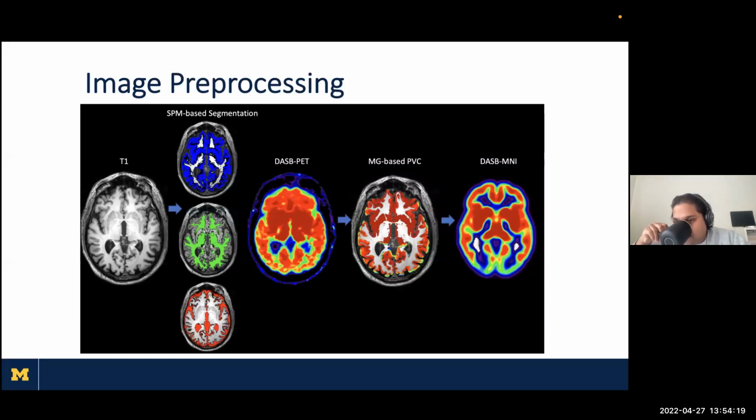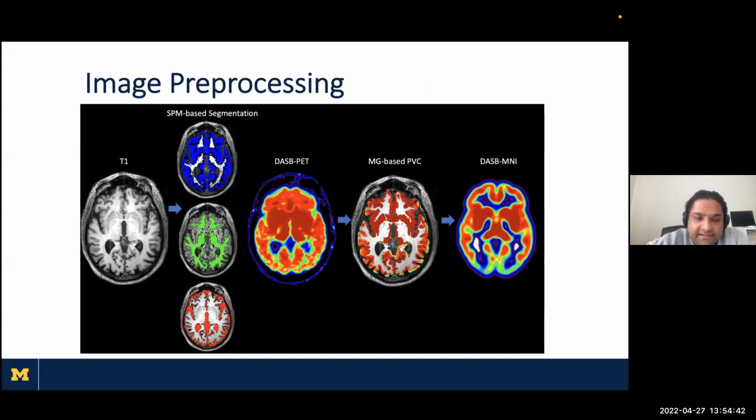Here, for segmentation methods, we actually use SPM-based segmentation. Here we can see the T1 images are segmented into gray matter, white matter, and cerebrospinal fluid. The blue one is for the gray matter, the green is white matter, and red is cerebrospinal fluid.